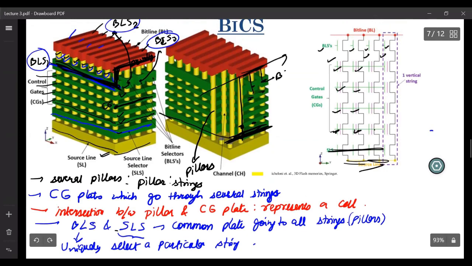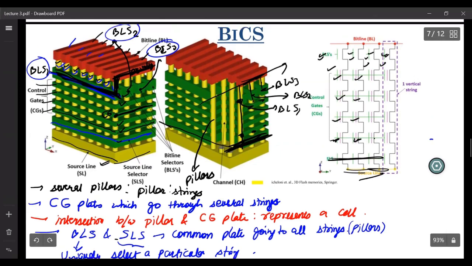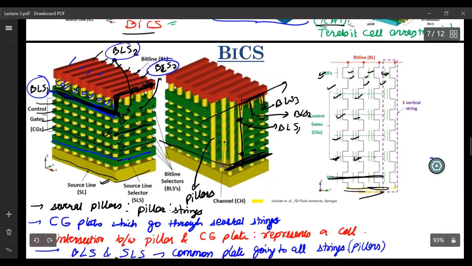This is BLS3, this is BLS2, and whatever was here was BLS1. So you have these unique BLS. And all these pillars are connected using one bit line itself. There is one bit line which connects all these pillars or all these strings.